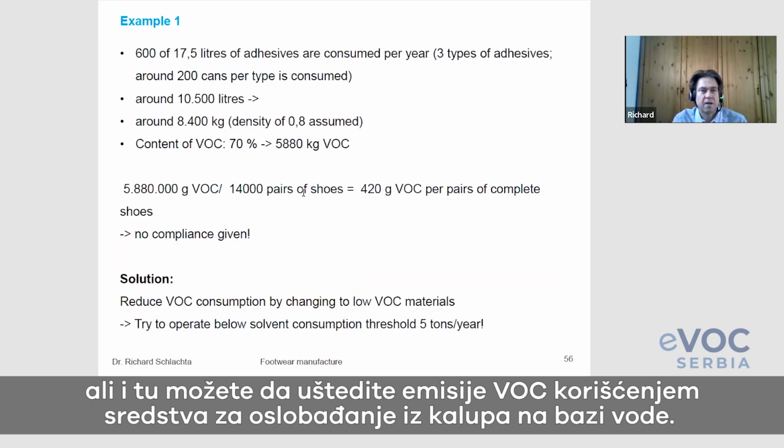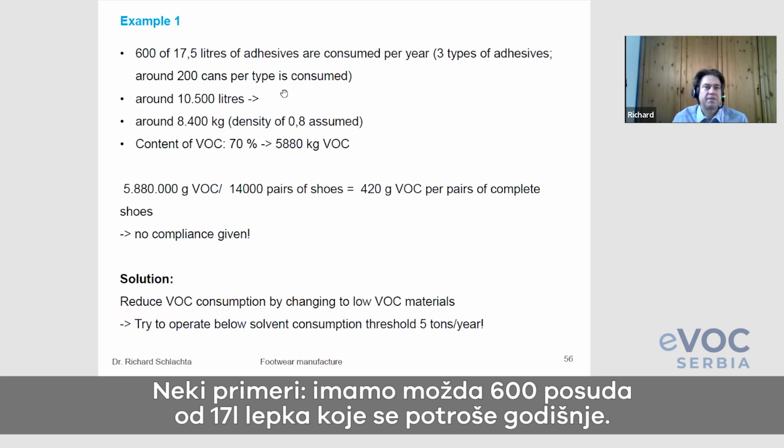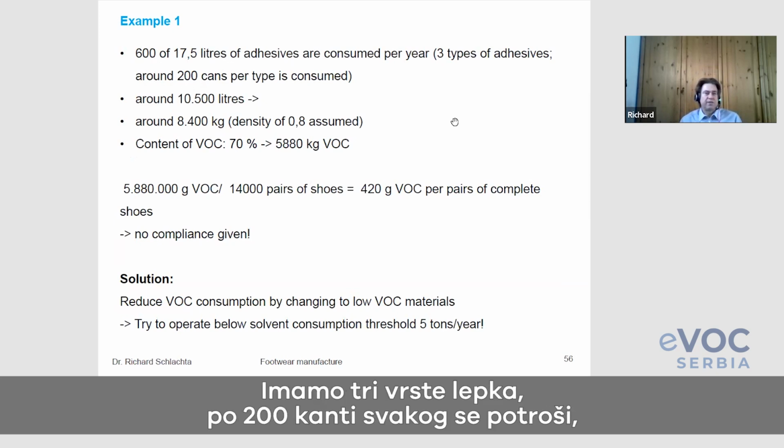Some examples. For example, we have maybe 600 cans of 7.5 liters of adhesives consumed. We have 3 types of adhesives and 200 cans of that type is consumed.